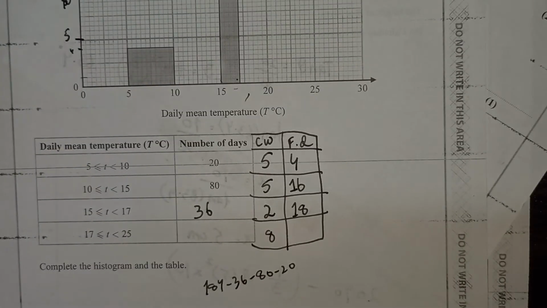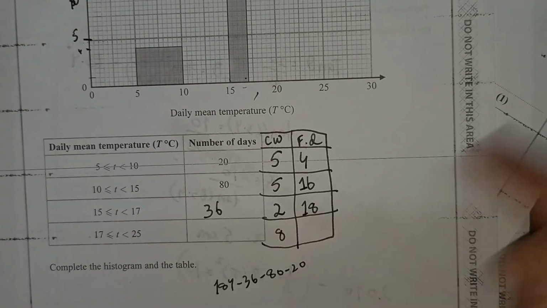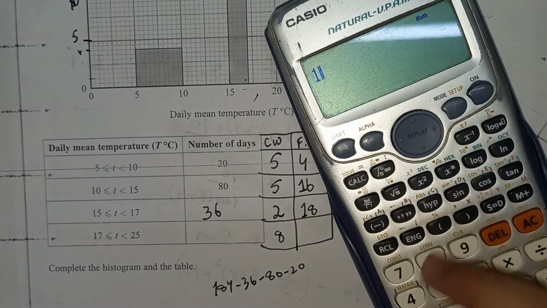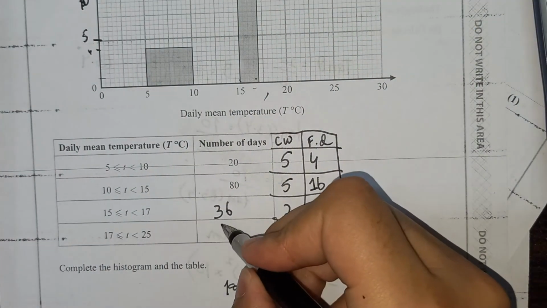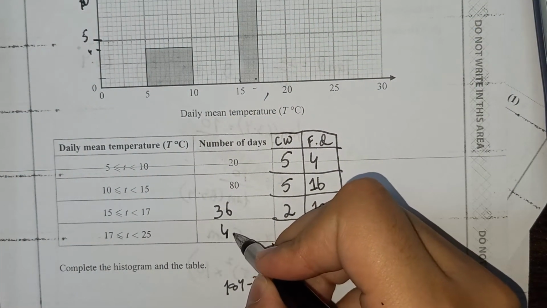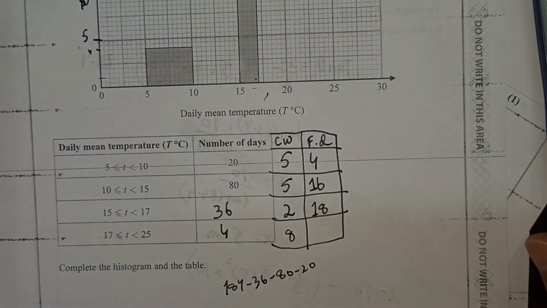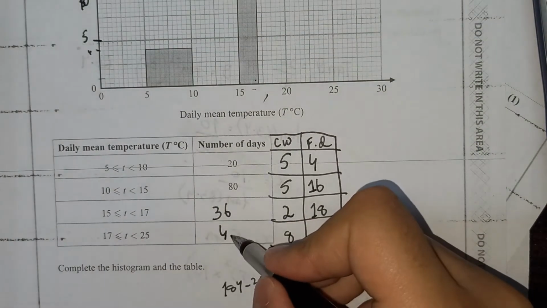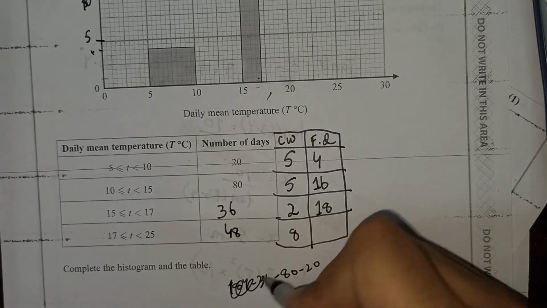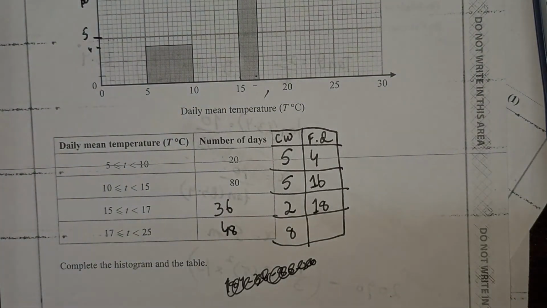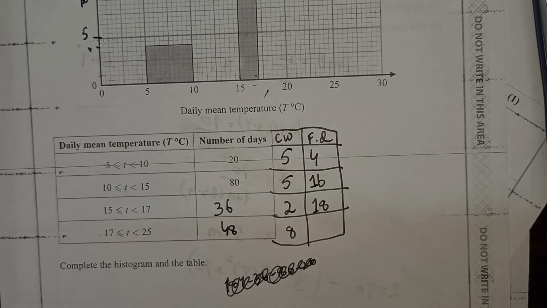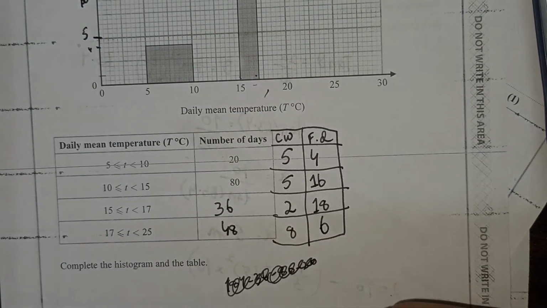What we get is 136. 184 minus 136, which gives us 48 days. Yeah, 48 days. And now we have 48 days, we have the class width as 8, and now we can find the frequency density by dividing them both, which is 6.